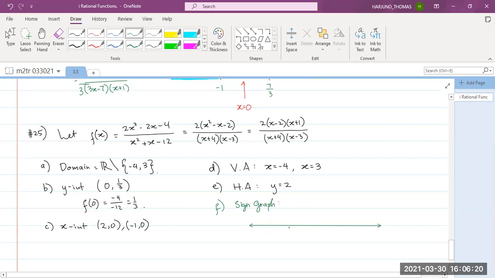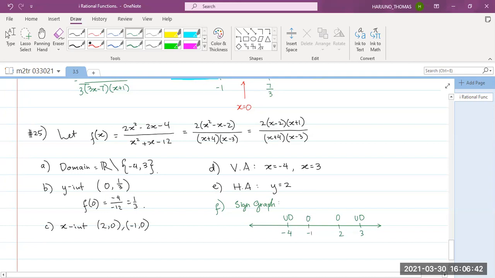Okay, we have x equals -4 as a vertical asymptote, x equals 3 as a vertical asymptote, that's undefined, right? And then (2, 0) is an x-intercept, (-1, 0) is also an x-intercept.